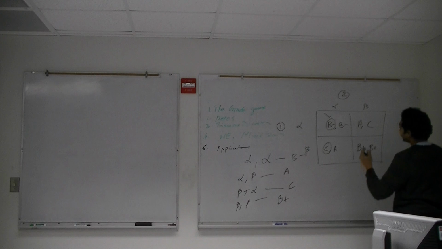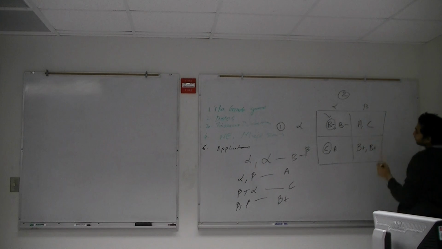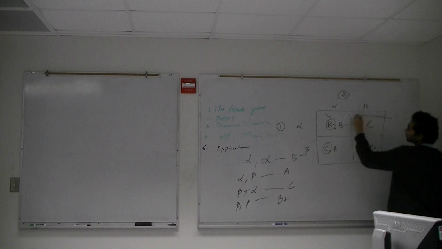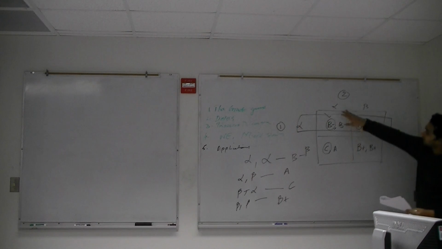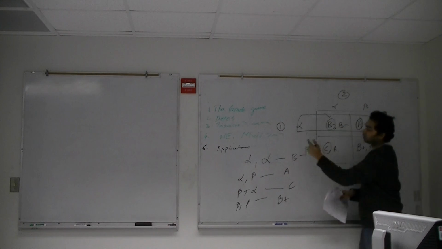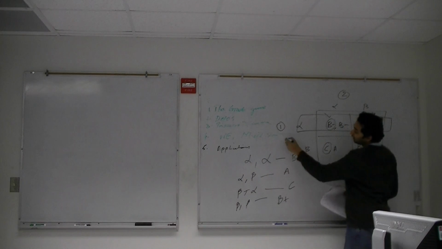If player 2 chooses beta, you would either get A or B plus, so you would choose this one again. You would take this into account no matter what the other person chooses. So this is what is called a dominating strategy.